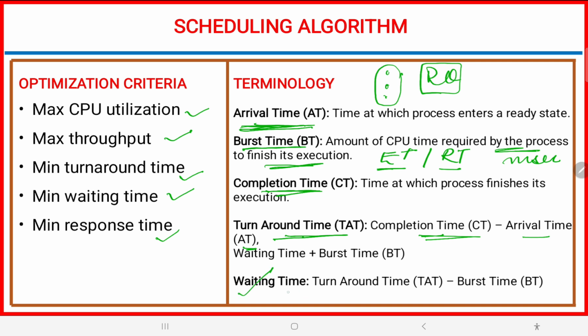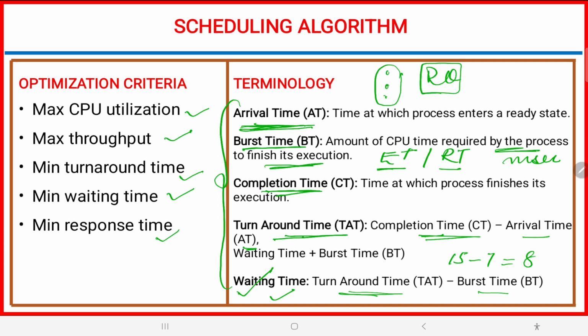If we want to calculate the waiting time, we should be aware about the turnaround time as well as the burst time of that process. So suppose the turnaround time for a process was 15, the burst time of a process was 7, so 15 minus 7 equals 8, that is the waiting time. So we will be using these terms in all the scheduling algorithms which we'll be discussing in the coming slides. These terms are quite important from that point of view.